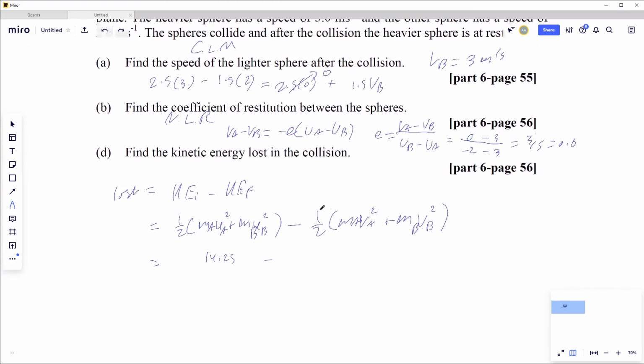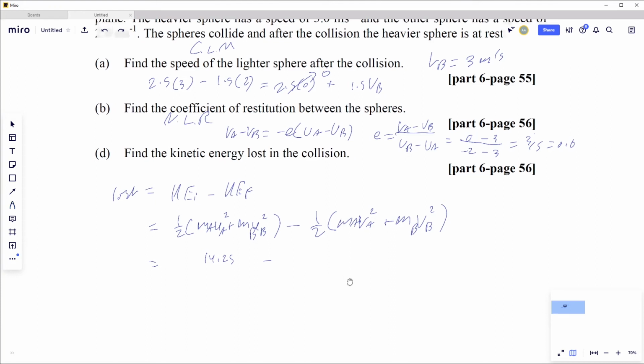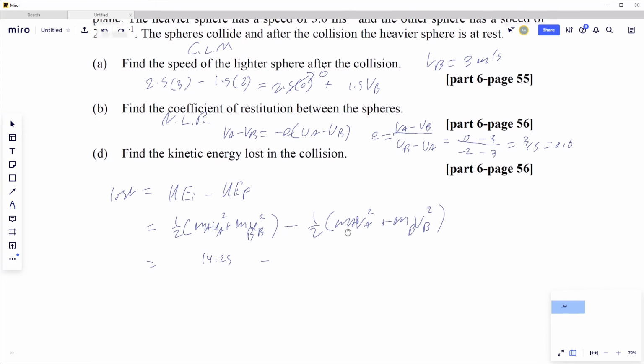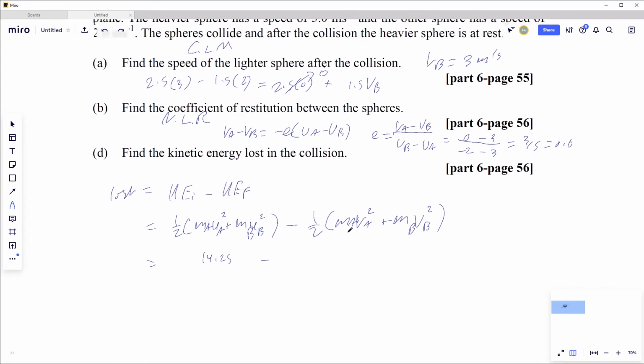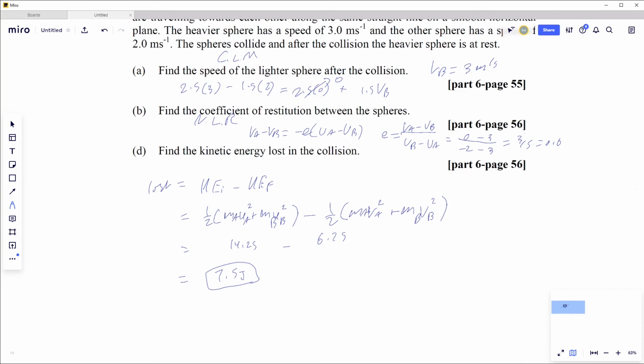Oh yeah, actually it's ub, but it cancels anyways with the square. So 1.5 times vb, 3 squared, and you're going to get here 6.75. Subtract the two numbers, you're going to get 7.5 joules. Again, because we were speaking about energy. So that's it for part 6.